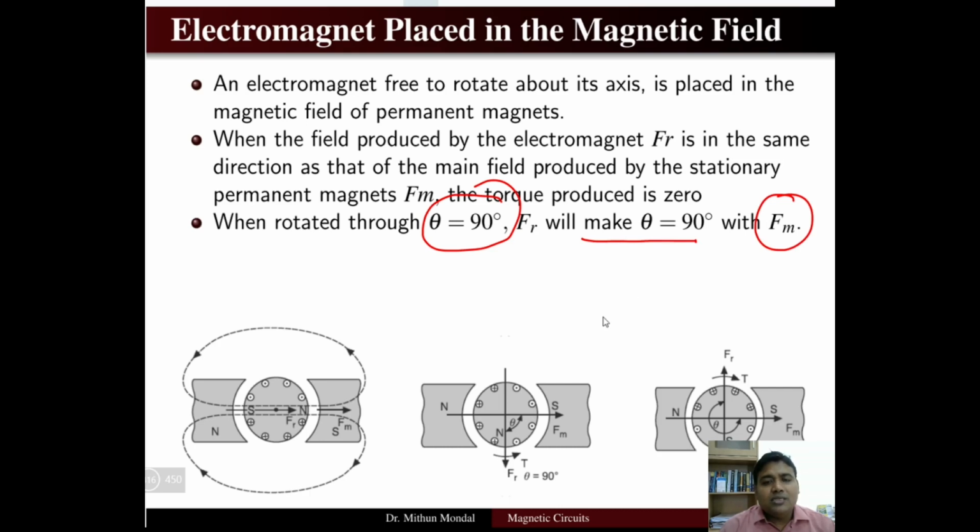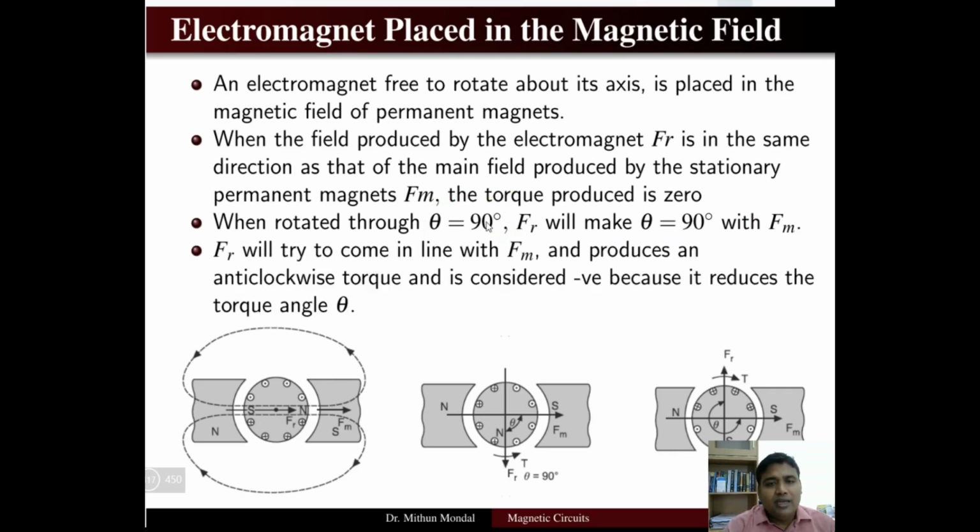So FR will try to come in line with FM and produce an anti-clockwise torque. So in this case, the torque will be produced in the anti-clockwise direction and will be considered negative because it reduces the torque angle.